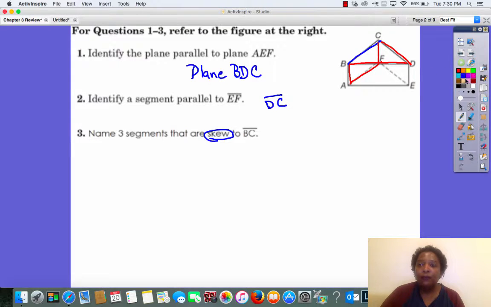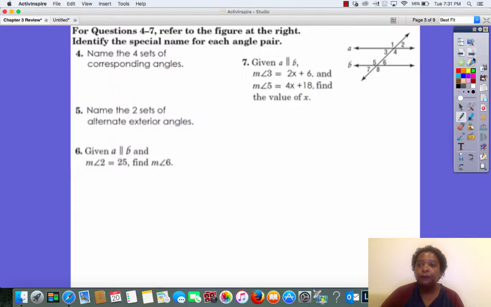So what I'm left with, and I'll use green, are DE, FE, and AE. And notice for each one I use the proper notation of the bar across the top.